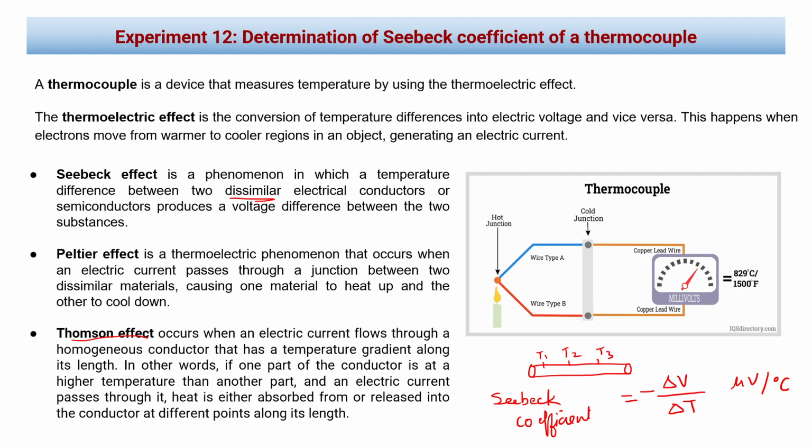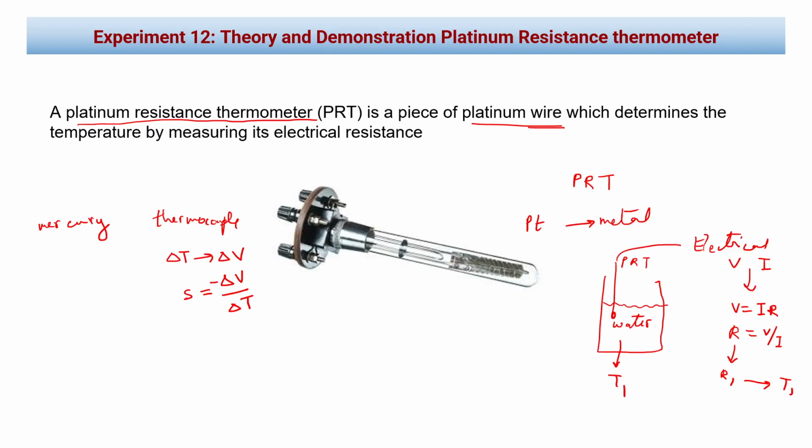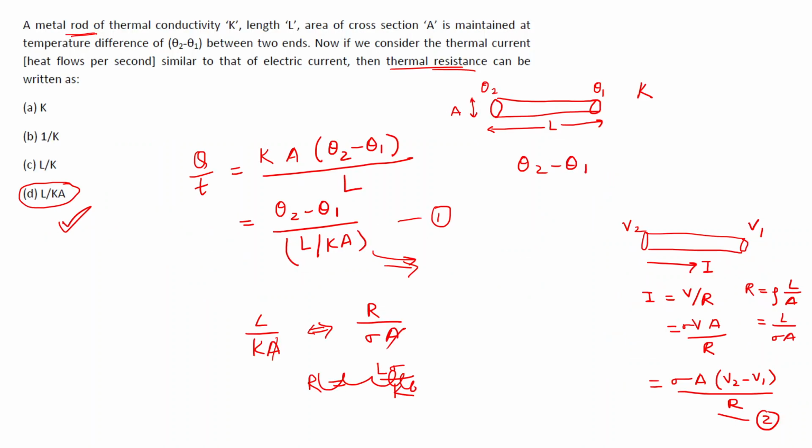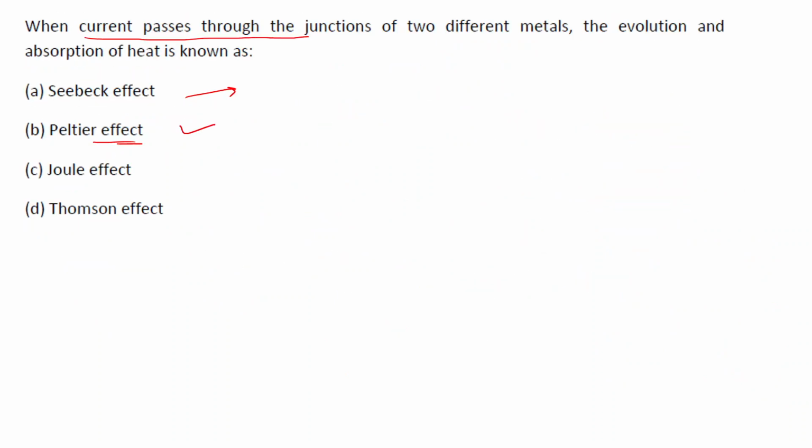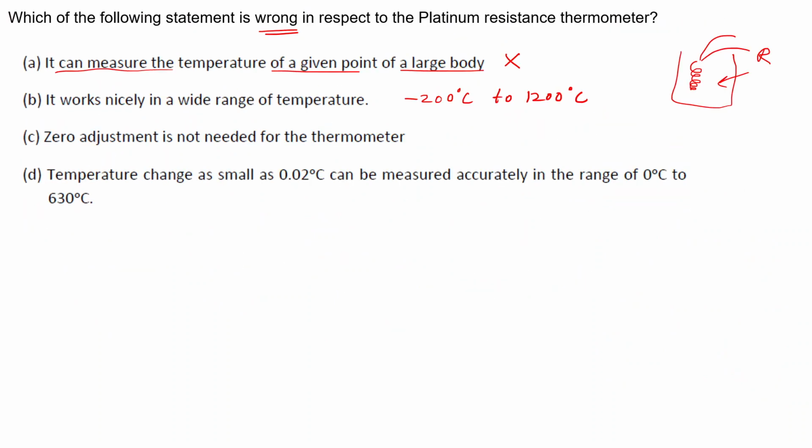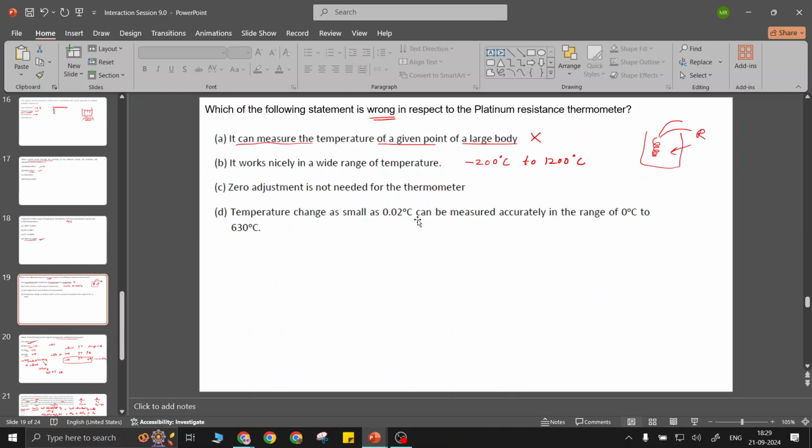What is a thermocouple, what is Seebeck effect, and how to determine the Seebeck coefficient. Then we talked a little bit about the PRT, platinum resistance thermometer, and in detail we'll discuss it in the upcoming week. Based on this, we did a few previous year problems.